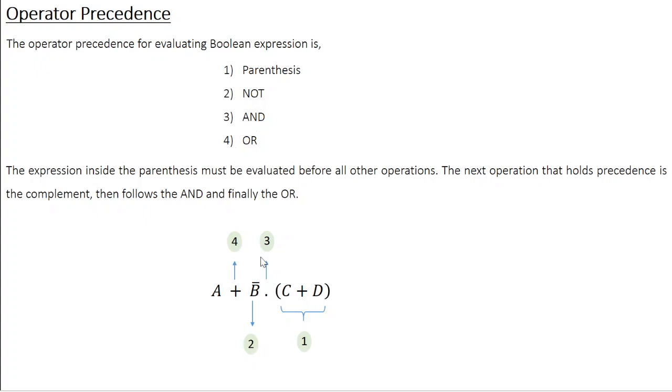Third preference to AND, so this AND operation will be performed third: B complement AND (C OR D) will be evaluated. Finally, the OR operation will be performed, so this product ORed with A is calculated. So this is how the precedence of the operator works in a Boolean expression. You should keep this in mind when you are analyzing or simplifying complicated Boolean expressions.